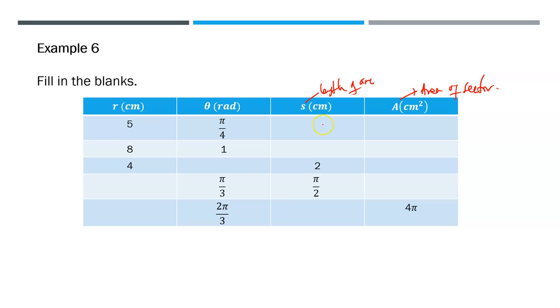How did you find it? And if you are given r and they ask you to find theta given the length of arc, then you have to find theta. And then using all the information, find the area. There are five cases here. Please fill in the form and then submit it to me.